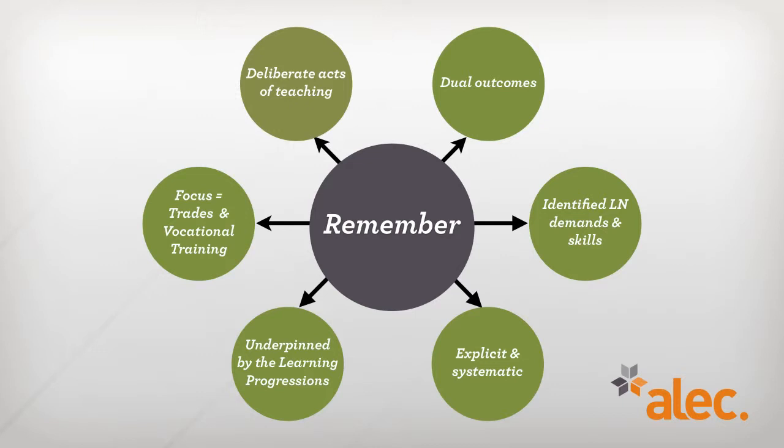It's aimed at delivering a dual set of outcomes, so 2 sets of outcomes here, one related to your content area, another related to literacy and numeracy demands and meeting those demands. So it's the systematic delivery of explicit and contextualized literacy and numeracy. And of course in New Zealand this is underpinned by the learning progressions for adult literacy and numeracy.